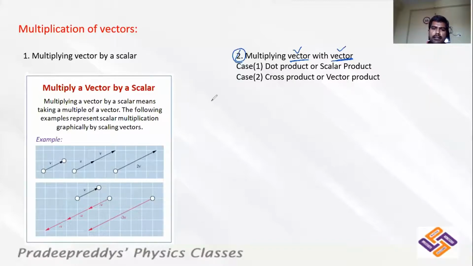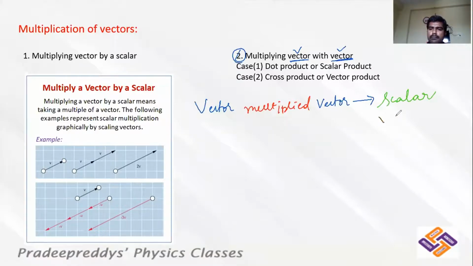In this case, when you are multiplying a vector with a vector, the resultant can sometimes be a scalar and sometimes a vector.